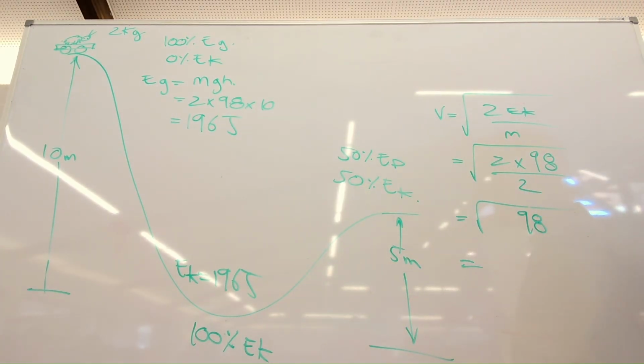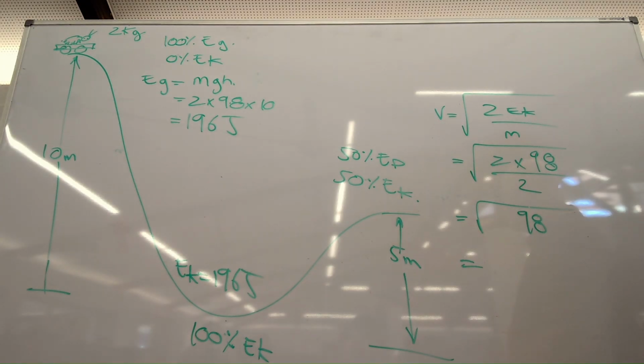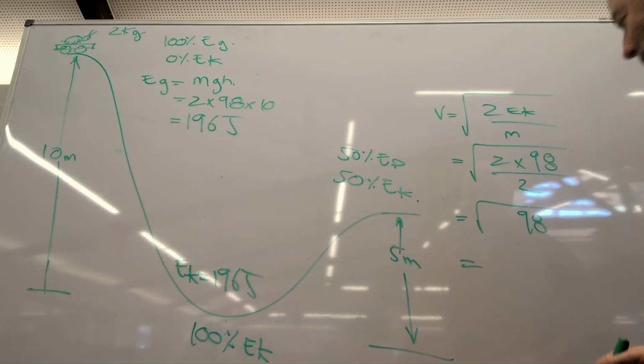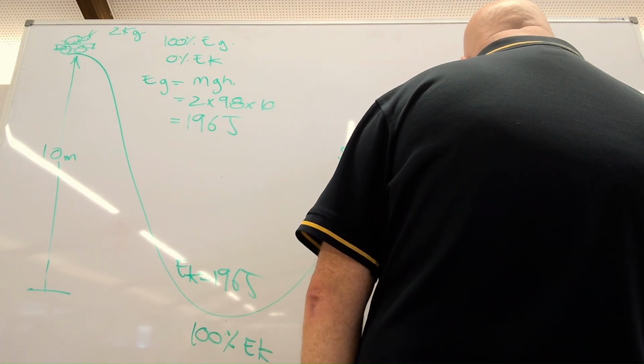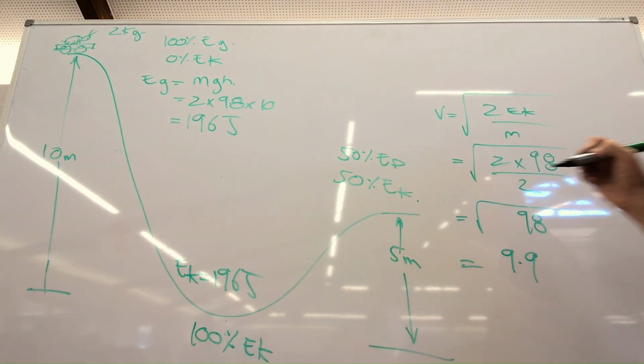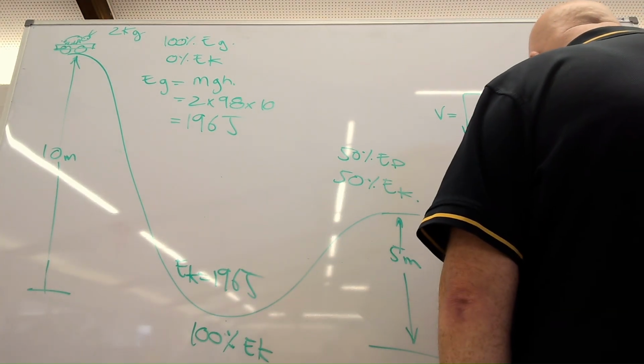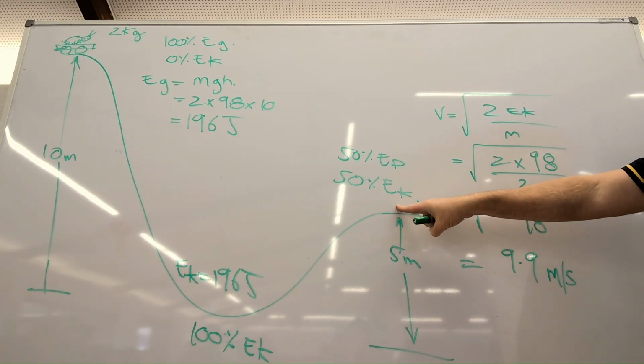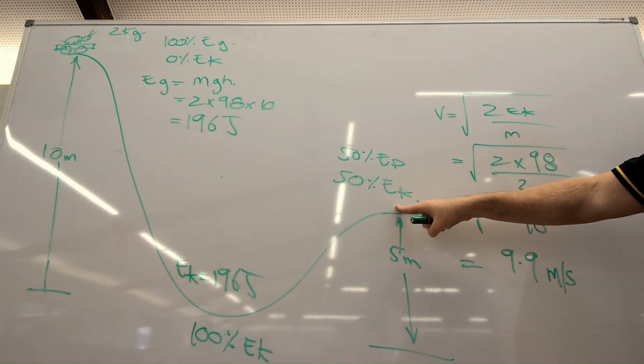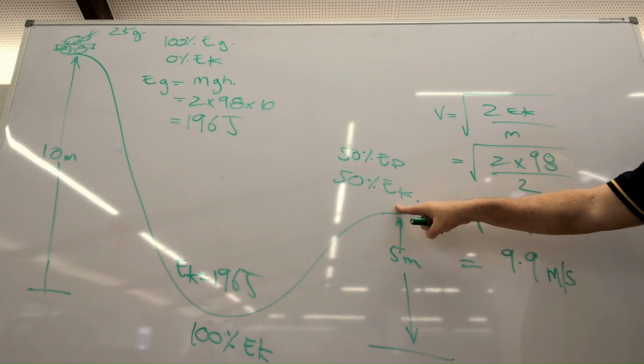It's nearly 10 again. 9.9. And the units? Well done, meters per second. So as the cockroach is on this part of the track, it's travelling at nearly 10 meters per second.